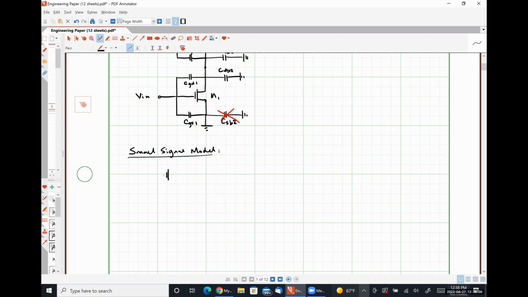So I'm starting with transistor M2. This is my gate node for transistor M2. Here I have VGS2. Down here is my source node for transistor M2.